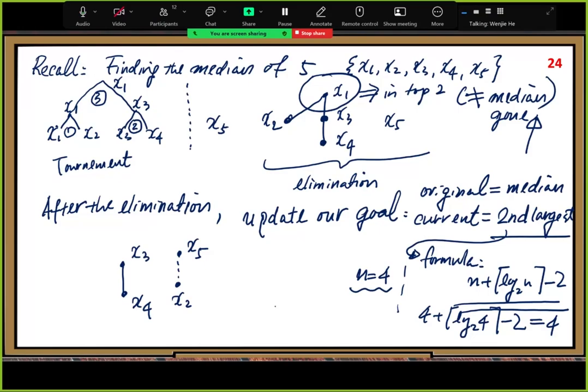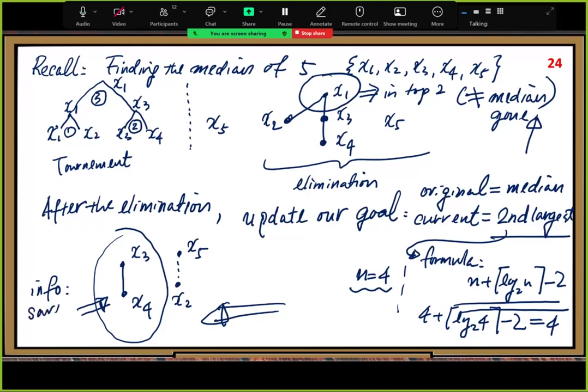But when you go back to our current data, you can save 1 comparison here, right? Because you already have the result of 1 comparison. So this information helps you save 1 comparison.